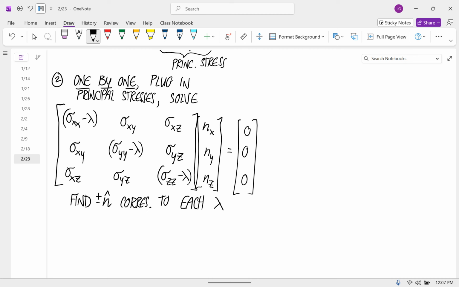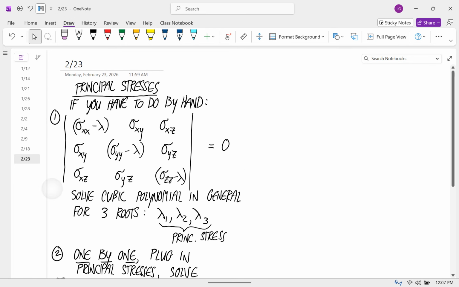And those define the coordinate system orientation. Well, in this class, you won't have to do it by hand.